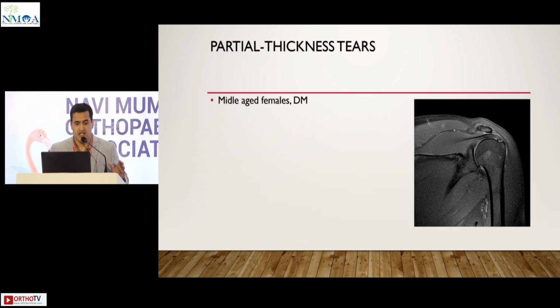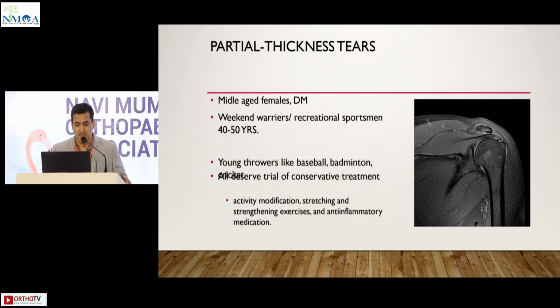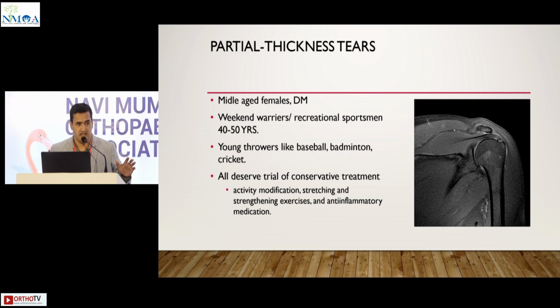Overall, in the Indian scenario, these are middle-aged females, diabetic, and some are weekend warriors who recently have higher levels of lipids in their blood and go gymming at weekends. These people also get partial tears, and all of these deserve a conservative trial as a modality of treatment, like activity modifications, stretching exercises, and anti-inflammatory medications.